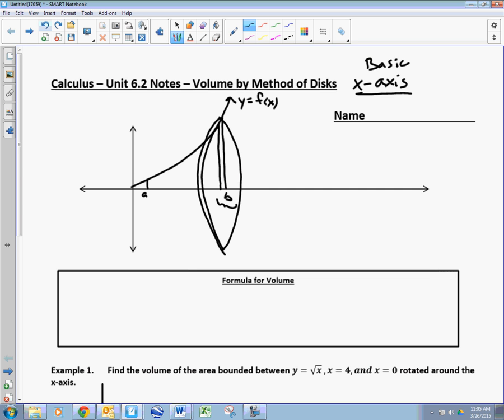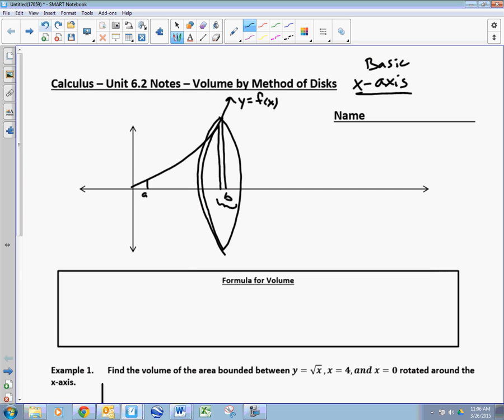We're struggling with viewing a three-dimensional shape on a two-dimensional surface.